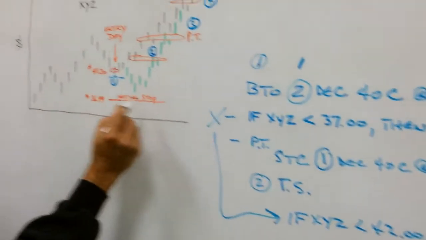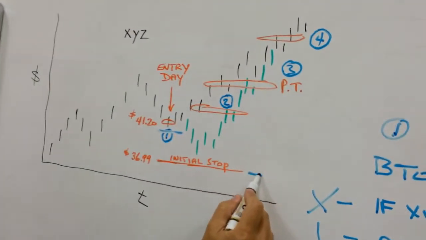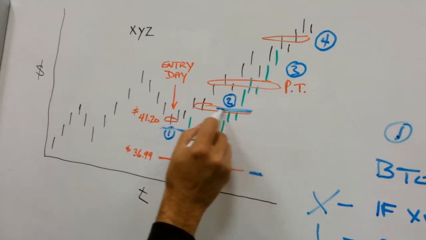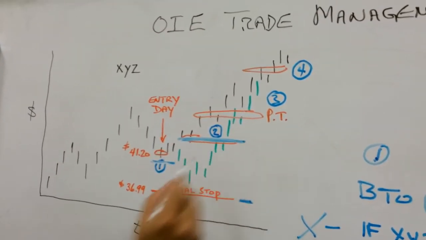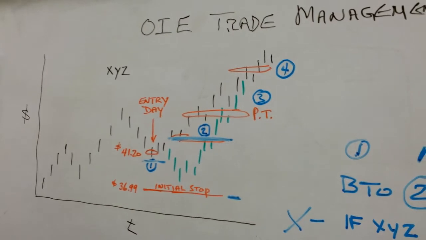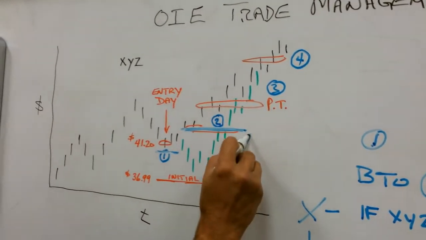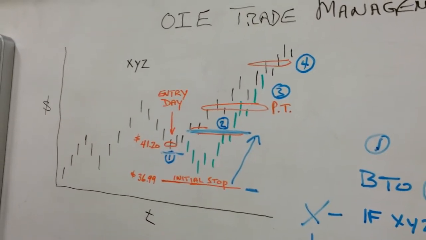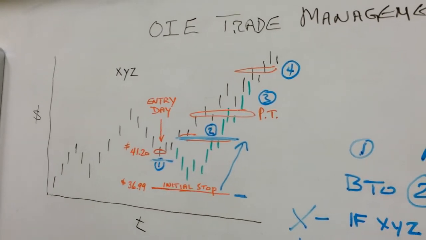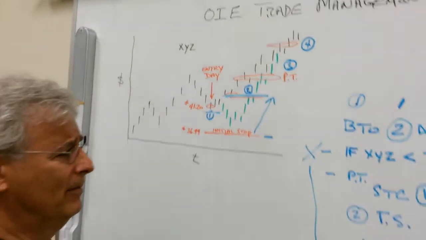Now notice what I've done. I've moved the initial stop from here all the way up to here rather quickly, first reducing and eliminating risk and then locking in profit. And I haven't even hit the profit targets yet.